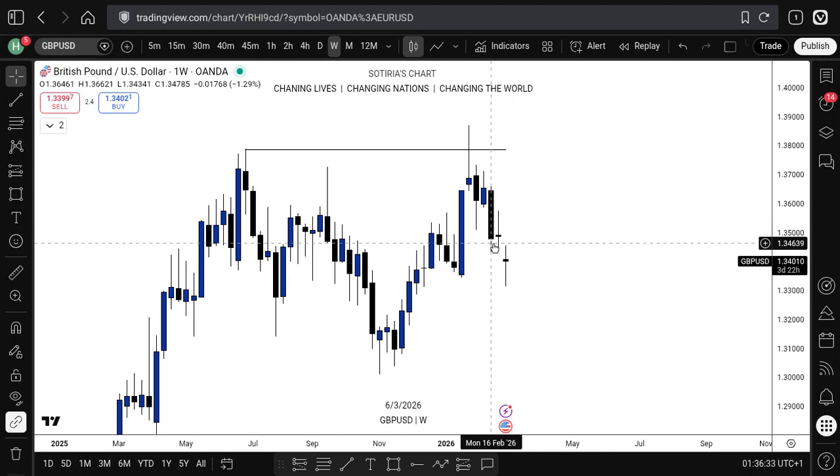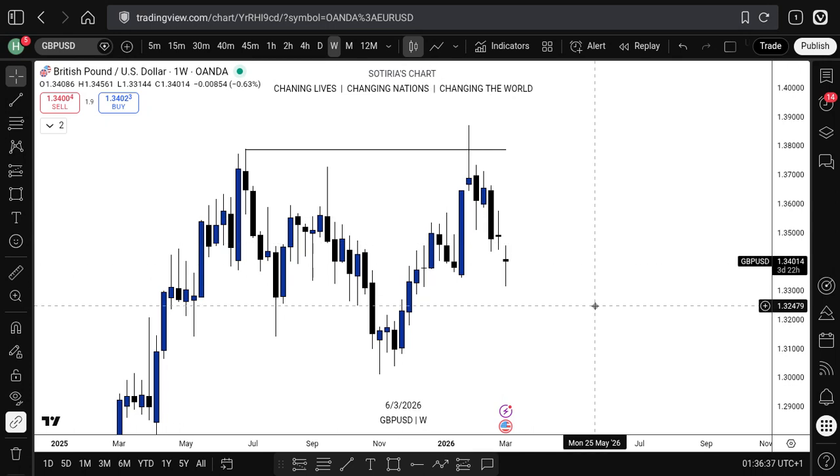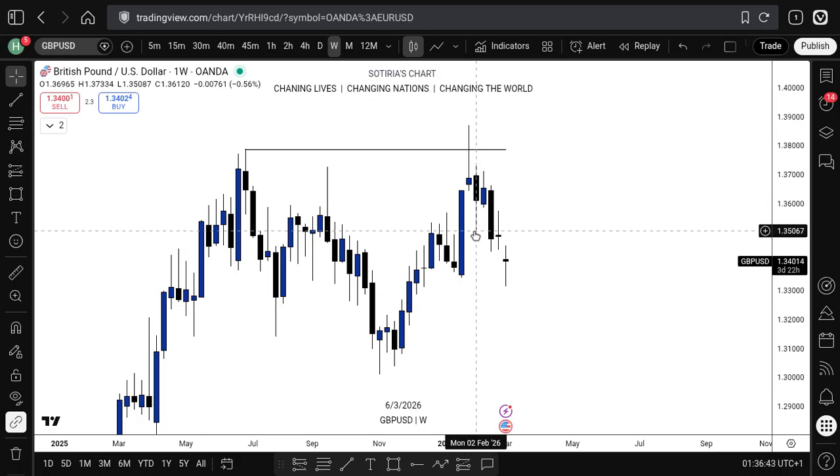So trend wise, we are bearish on GBPUSD, and on the weekly time frame, we can see the price has reacted to this breaker block here, and price has taken this low. After taking this low, we are seeing a little rejection. So we can't say anything about this rejection until the week is over.